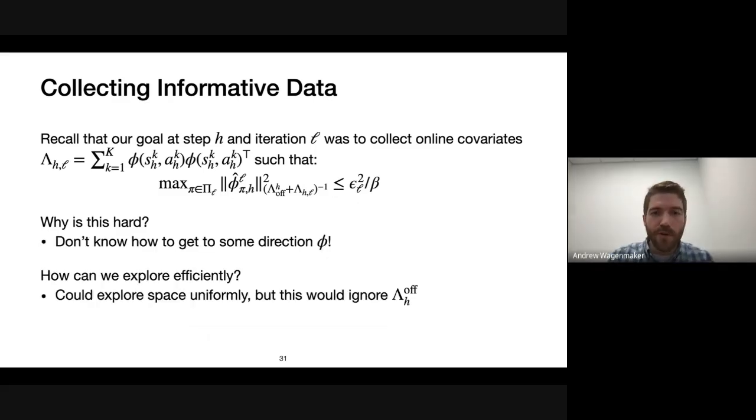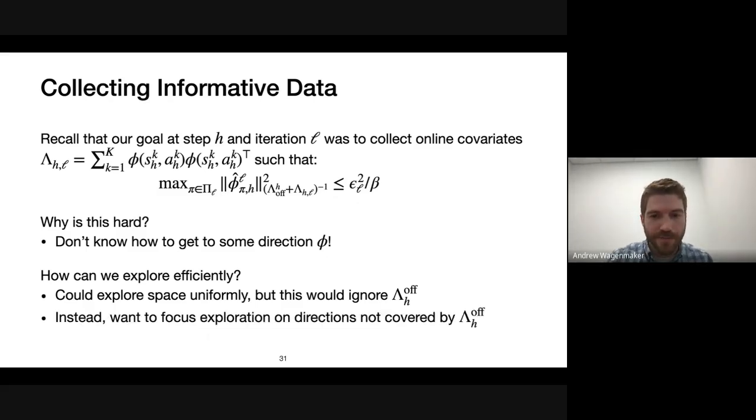Why is this hard? Well, we don't know how to get to some direction phi. We don't know how the MDP works in general. So we want to augment our offline data with online coverage, but we don't know how to collect online data that will give us that coverage.